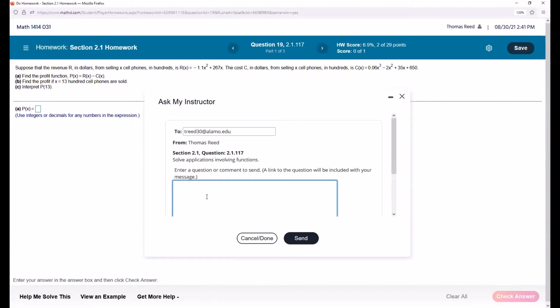I'm not understanding, or you answered this problem and it told you you are wrong, even though your answer and their answer looks exactly the same. Then this is where you tell me that, and then you hit send, and I get an email. See, it sends it to me. Okay.